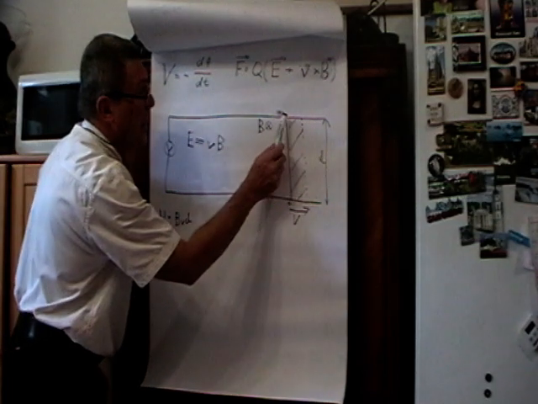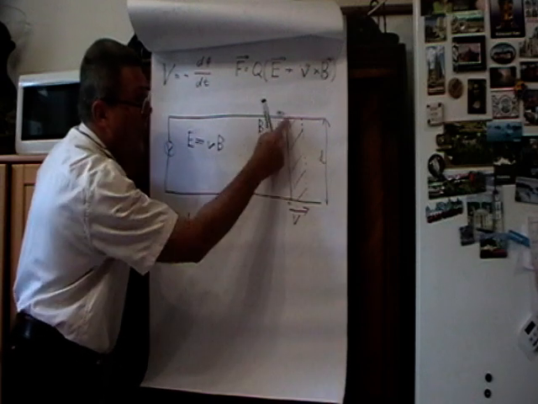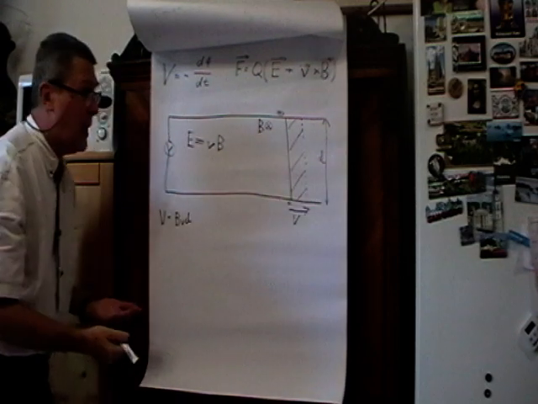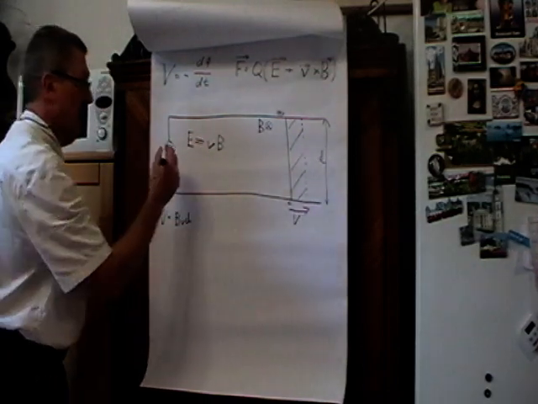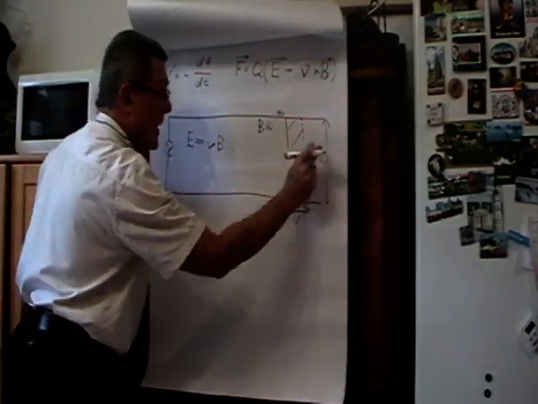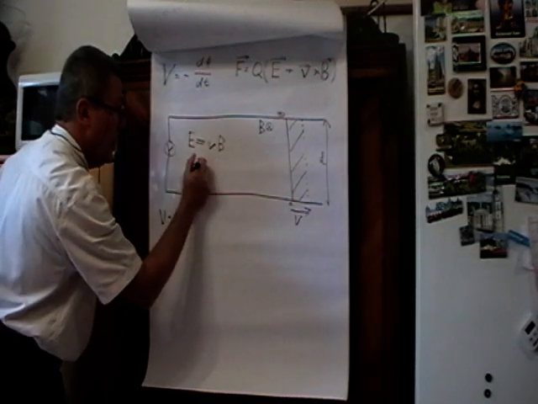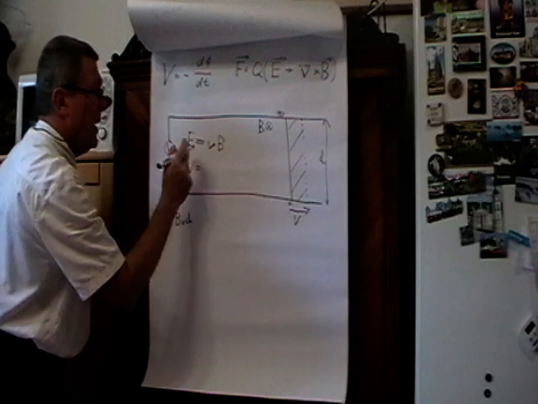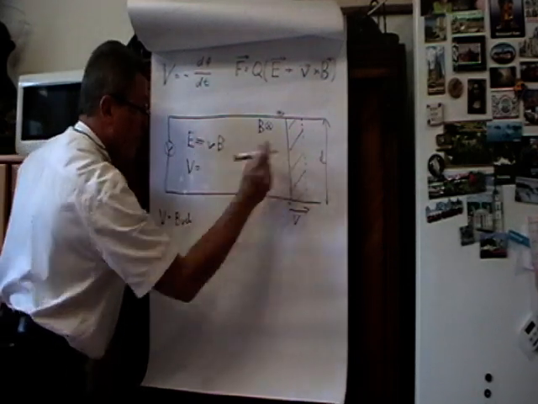If there is a homogeneous electric field with a strength E over a length D, the total voltage would be E times D. So we will have a voltage that would be E times D, which is VBD.